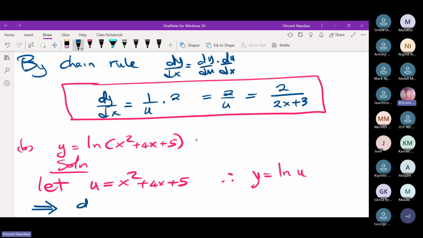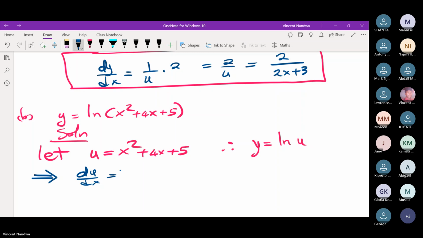So what will be du dx? 2x plus 4, correct. And dy du? 1 over u, correct.